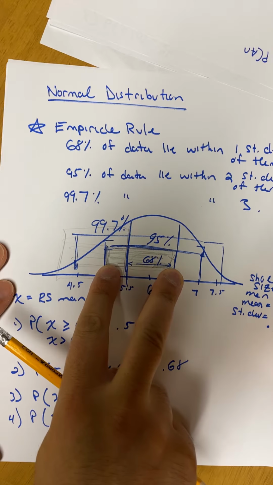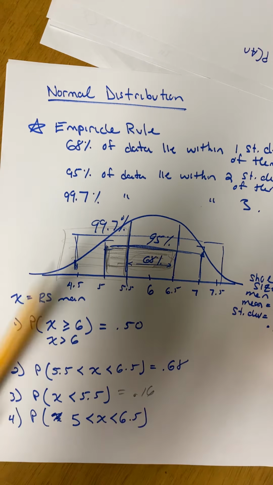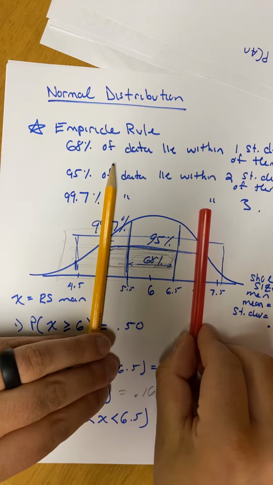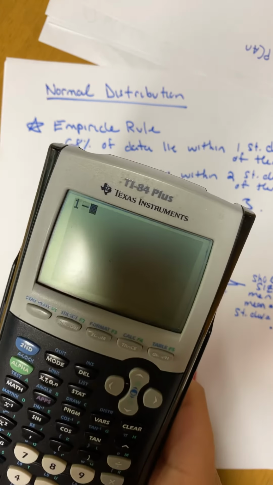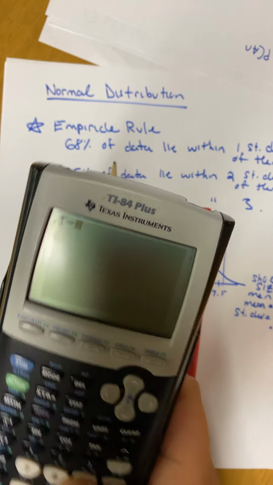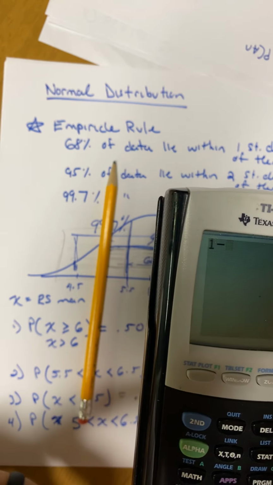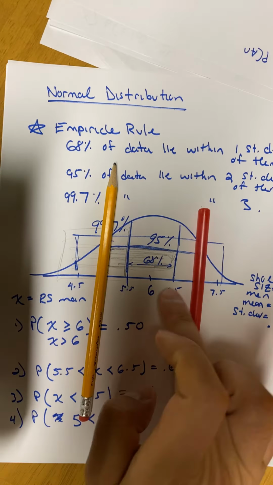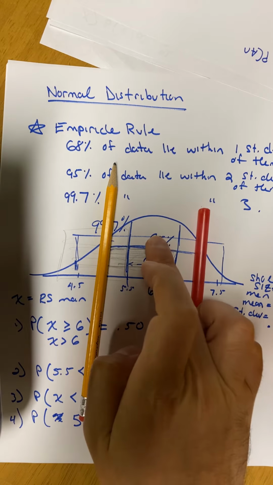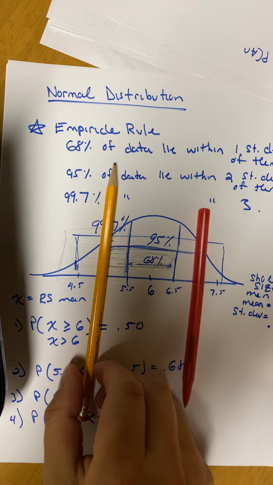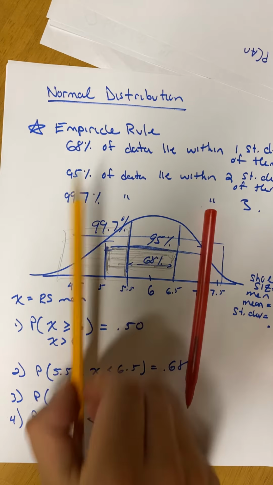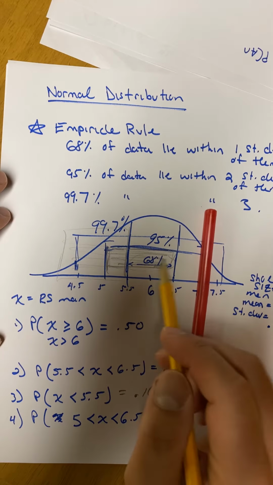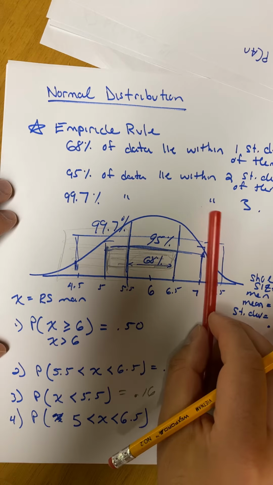What's that little part? From here to here is 95.